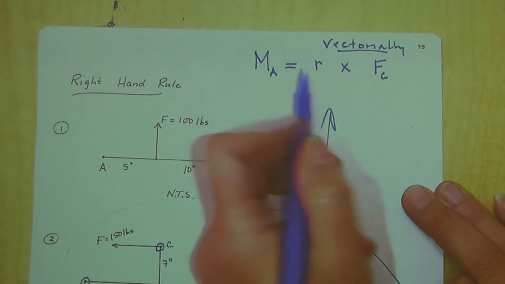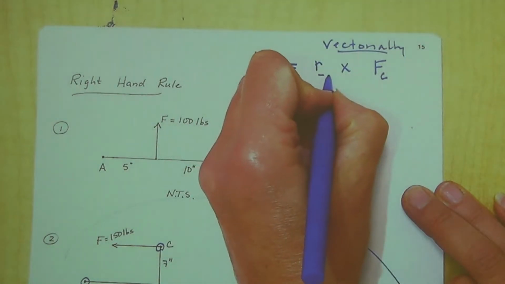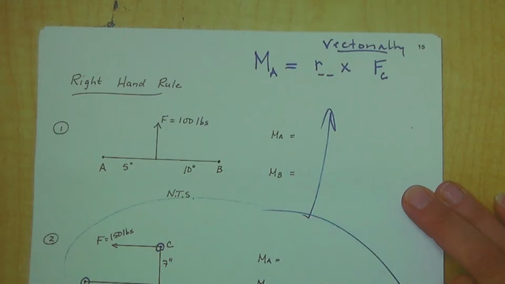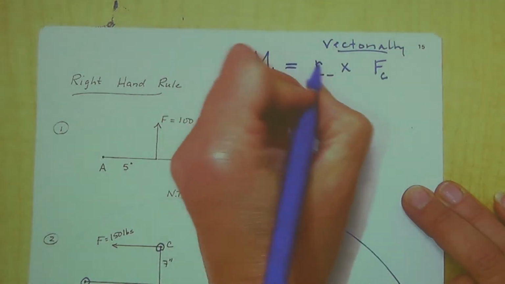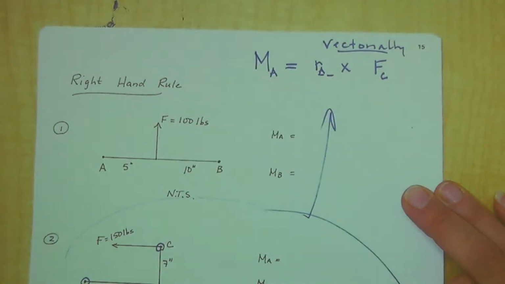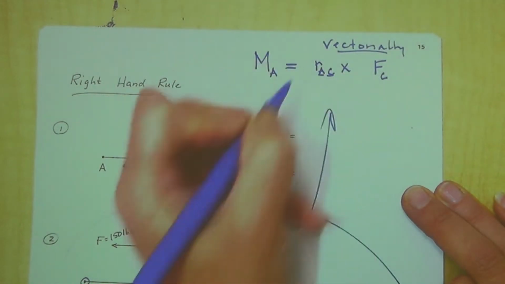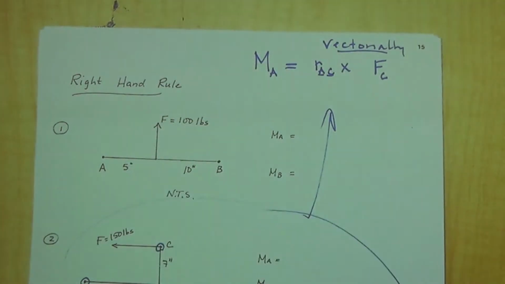So what are my subscripts for R? It always has a beginning and an ending. R always comes from the point I'm finding the moment about to the tail of the force. Can everybody see that it says AC?